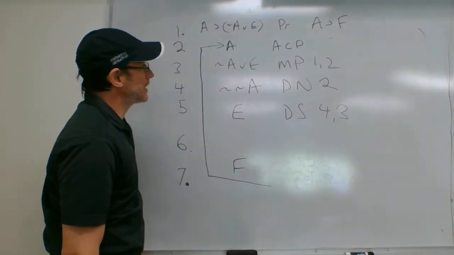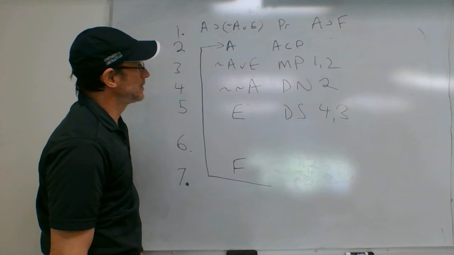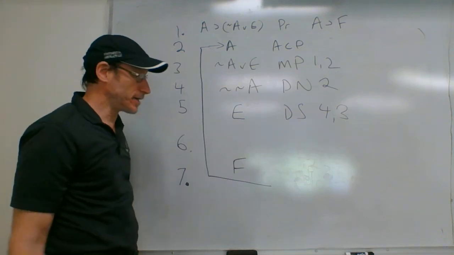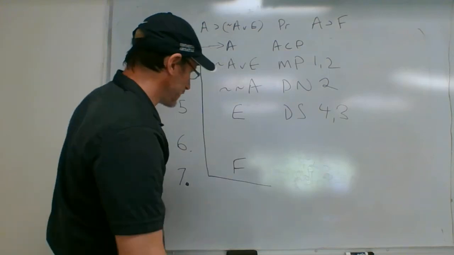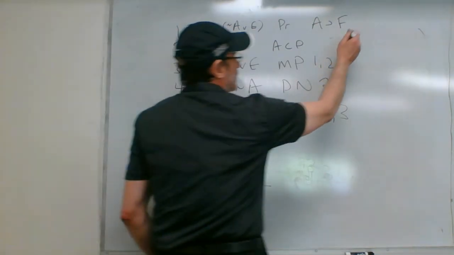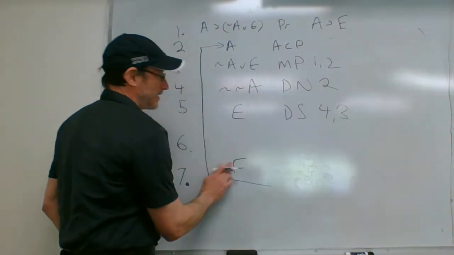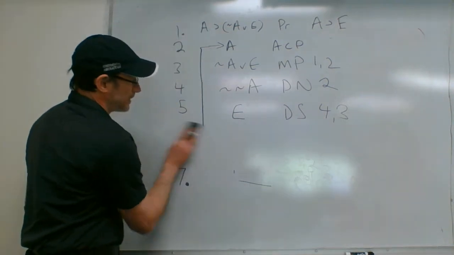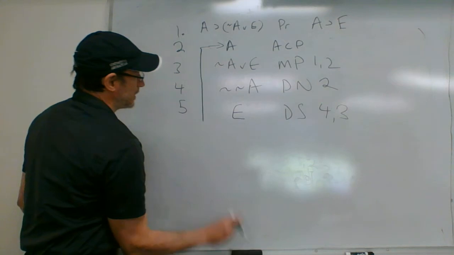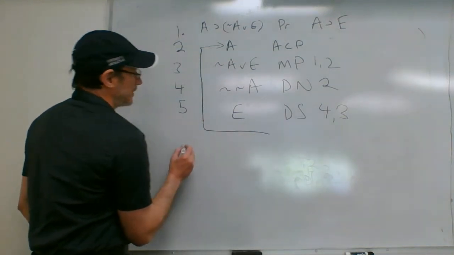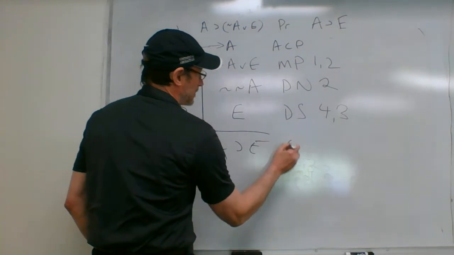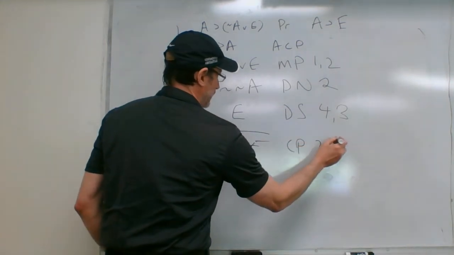I think it's an invalid argument because, yeah, I think there's a mistake here in the book. I apologize on behalf of the book. I think this was supposed to be an E, okay? I think there's a typo in the book on number 5, and this is supposed to be A horseshoe E by a CP on 2 and 5.